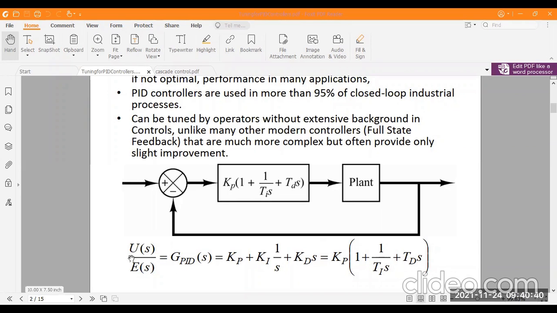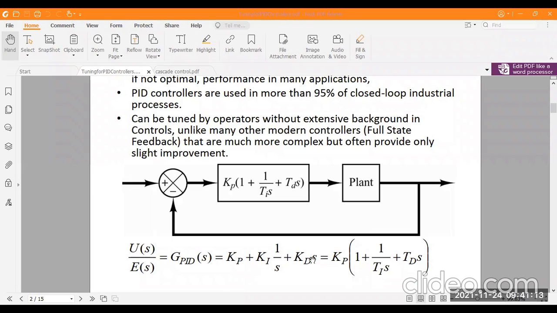The output equation is Y(s) by R(s). We have to know the transfer function: it is the ratio between the output of the system and the input of the system. This is also the gain of the PID controller. It is KP, the proportional constant, plus KI, the integral constant, times 1 by s, plus the derivative controller KDs.